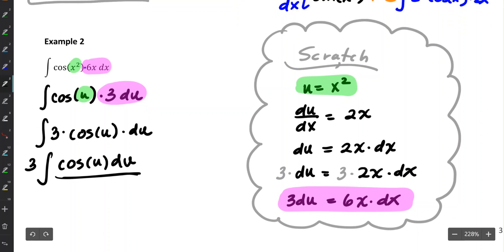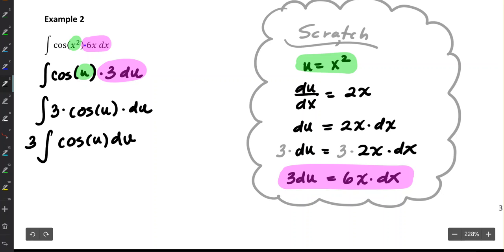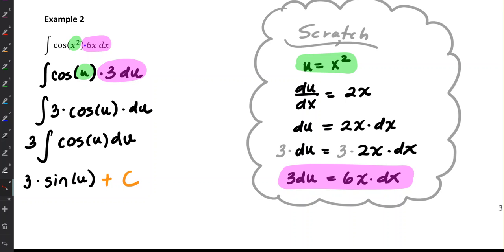The derivative of what function is cosine? Oh, the derivative of sine is cosine. So we've got our constant multiple times sine of u plus a c. The derivative of 3 sine u plus any constant would be 3 cosine u, right?